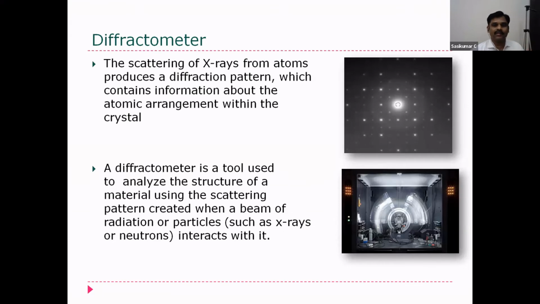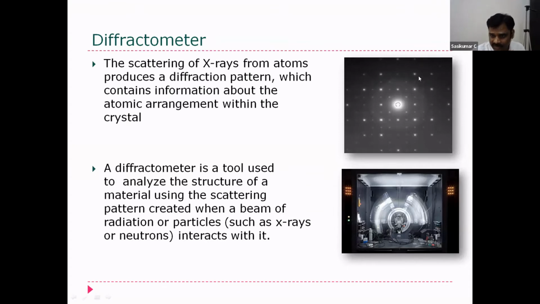With this idea, Laue started his experiment. He kept a crystal and passed X-rays, and he recorded the diffraction event. Of course, the image provided here is not the actual image that Laue got. The center beam was totally dark, but he could get the diffracted patterns.